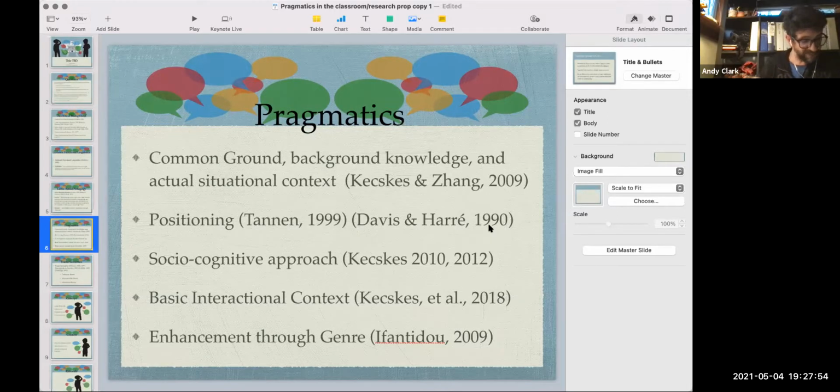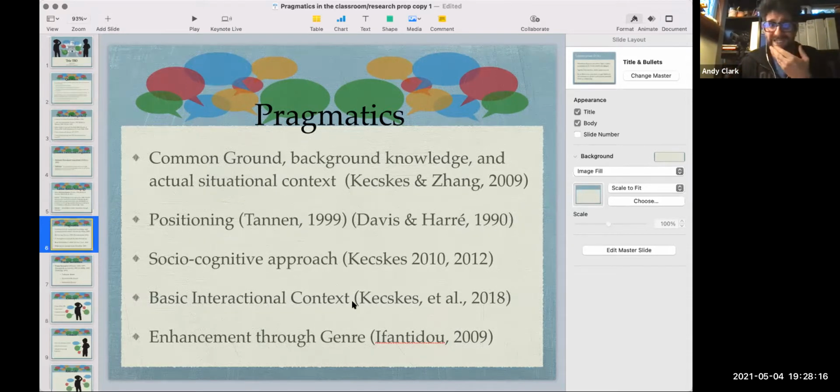So within all these different genres, we as teachers position ourselves in relation to our students who simultaneously do the same, all while we position ourselves within the actual situational context of the classroom, our own individual and communal background knowledges, and prior and post experiences that we're going to draw upon.